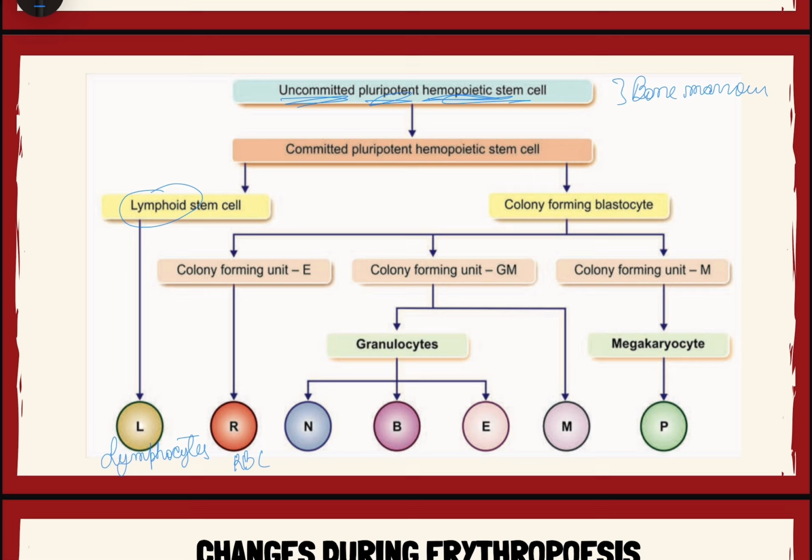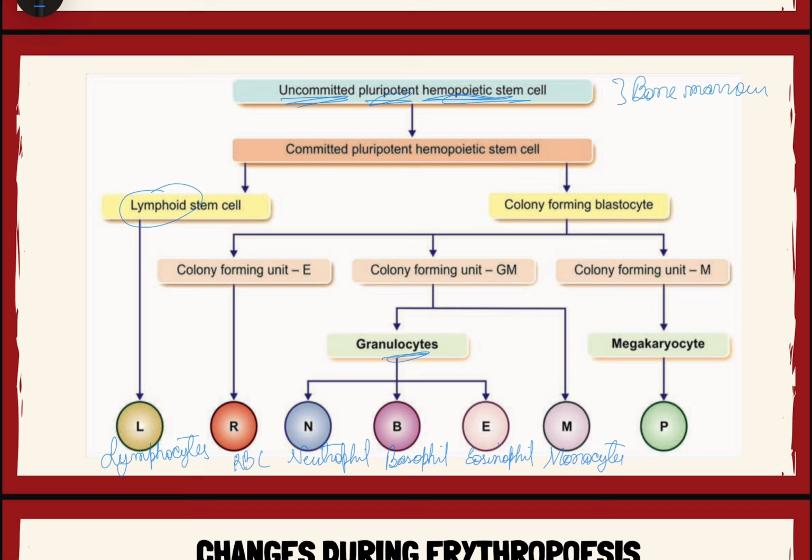Next, the GM, where G stands for granulocytes and M stands for monocytes. Now granulocytes, we all know, are three in number, that is it gives rise to neutrophil, the basophil, as well as the eosinophil.